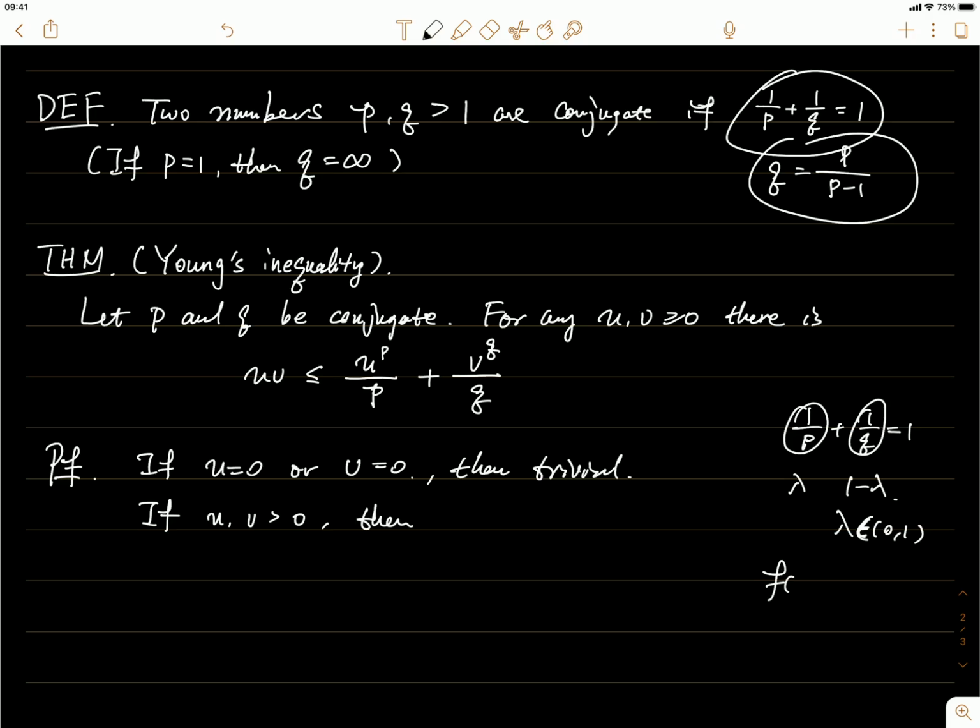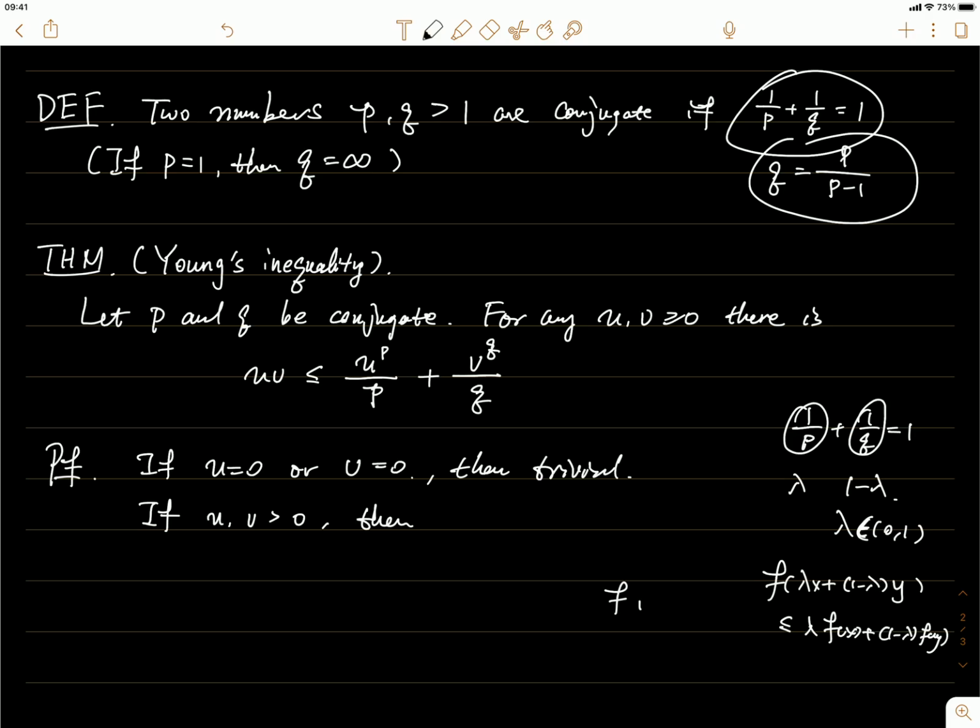By the definition of convexity, f satisfies this: f of lambda x plus 1 minus lambda y is less than or equal to lambda times f of x plus 1 minus lambda times f of y. Meaning that if you take the convex combination of x and y first and then apply f, it will be less than or equal to applying f to each of these two points separately, then taking a combination of the values. So this is the definition for f being convex.